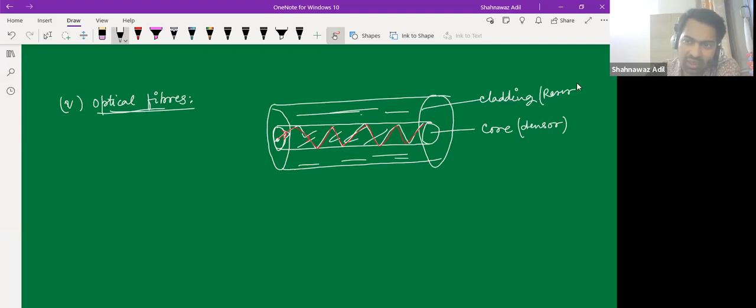So cladding is rarer medium, core is denser medium, right? And this core is made up of some quartz glass. So when you send some signal through this glass, then it is totally internally reflected back, and there is no transmission loss in this transmission. So these are the uses of the TIR, right? Any doubt, any confusion in the uses of TIR?